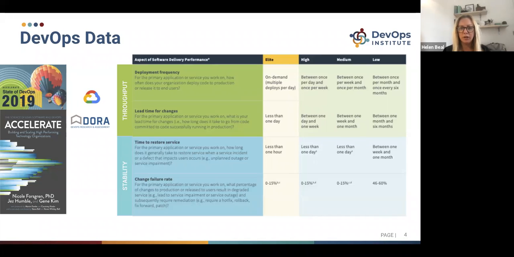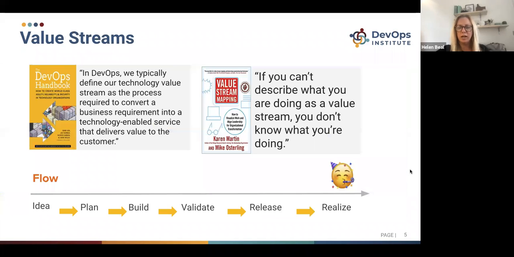Our stability metrics, so MTTR, or time to restore service, so MTRS, and change failure rate, also have correlations with organization performance. So higher performing organizations have a shorter MTTR, it's quicker for them to fix problems, and they fail less frequently as well.